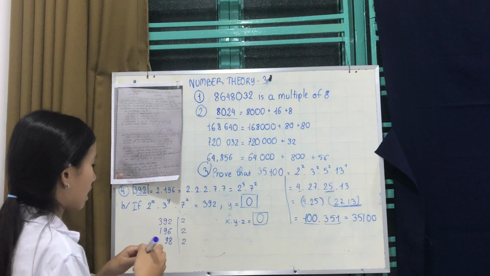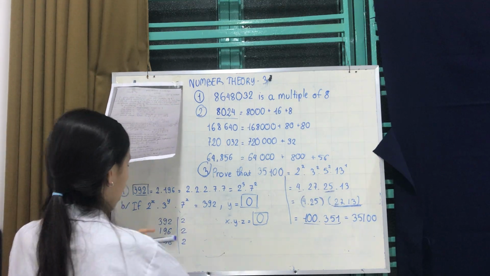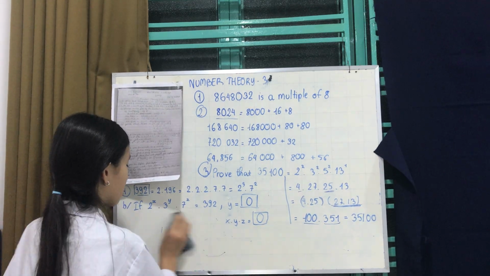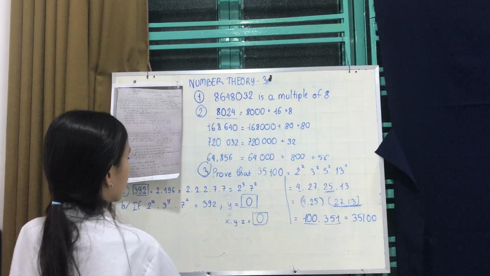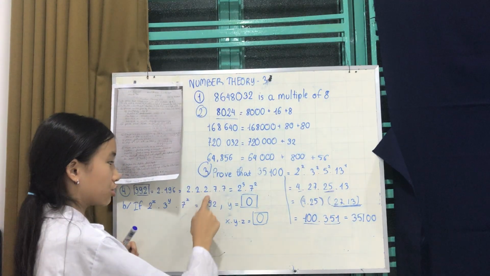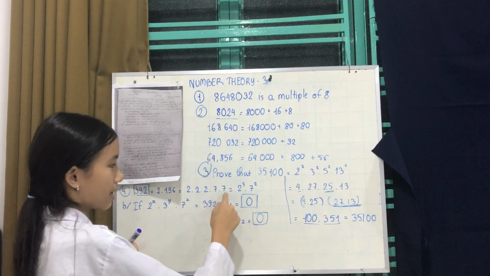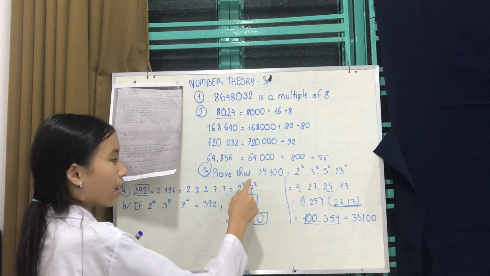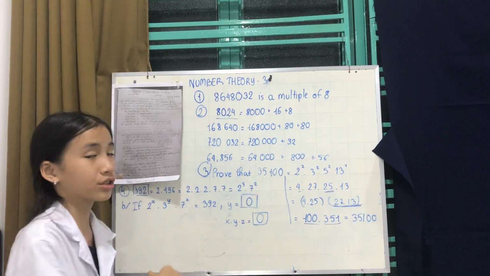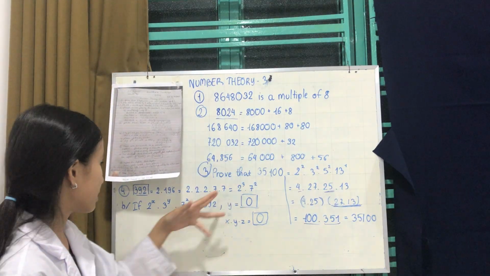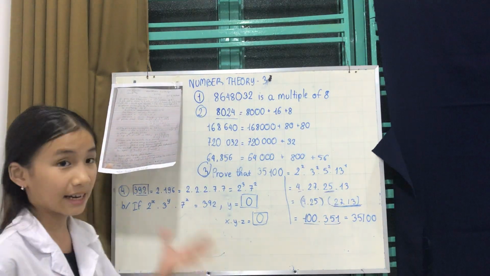So this goes on and on. We will break that down to 2 times 2 times 2 times 7 times 7, which equals 2 to the power of 3 times 7 to the power of 2. So that is the prime factorization of 392.